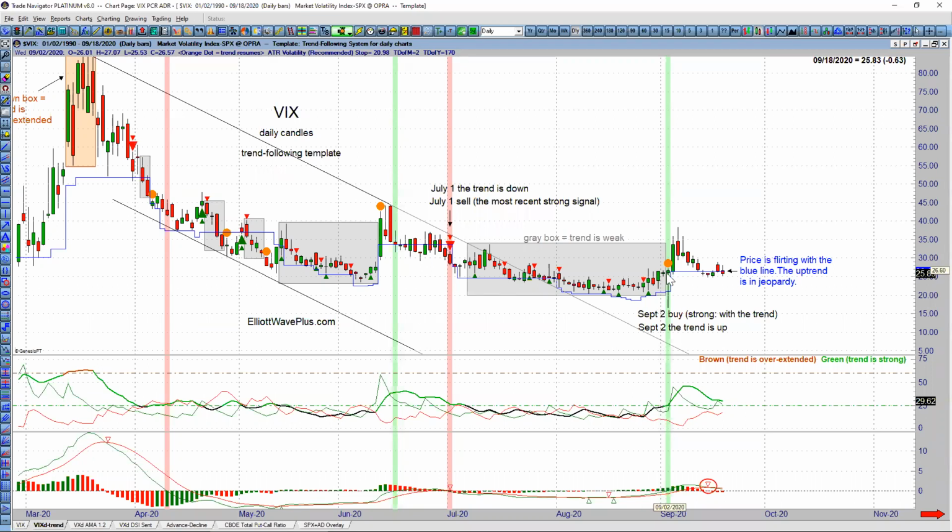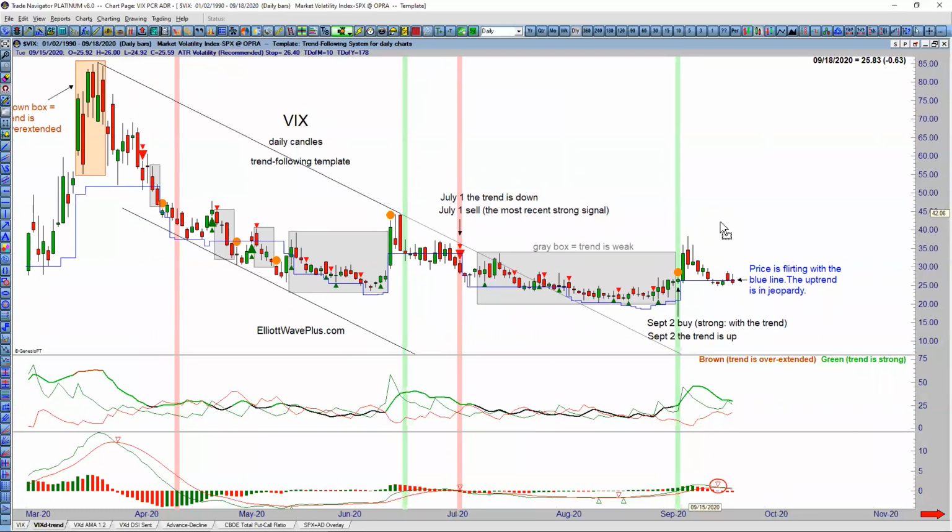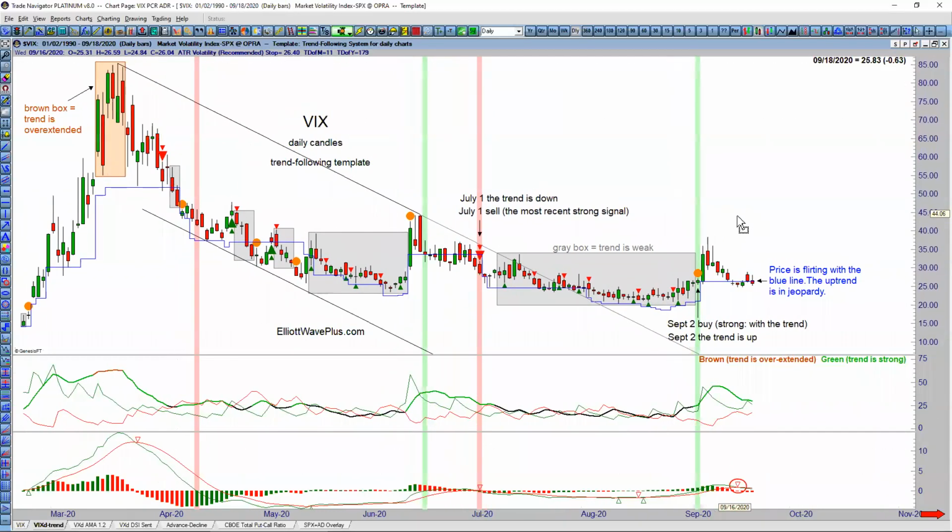And amazingly, the day of the all-time high in several of these stock indices, September 2 was also a breakout buy signal on the VIX. How crazy is that? Normally a breakout buy signal on the VIX would mean that we would have seen some bearish activity leading into it. But in this case, the all-time high came on the same day as the buy signal on the VIX. Now that, I doubt we'll ever see again, anything like it.